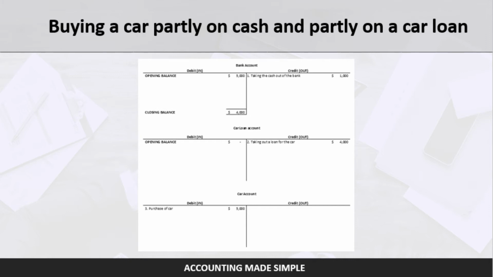Building on what we've learned so far, let's say you still had $5,000 saved up in your bank account, but you didn't want to use all of your savings to buy the car. You wanted to buy the car partly with cash and partly with a car loan. Let's say that you pay $1,000 cash and take out a car loan for the balance of $4,000.